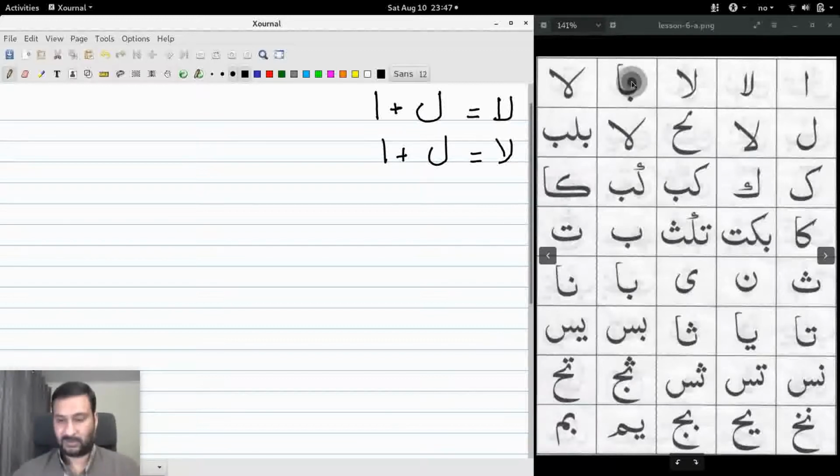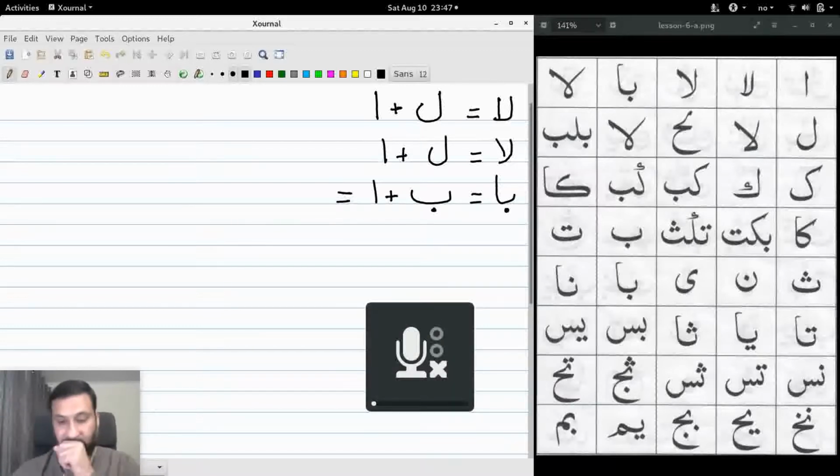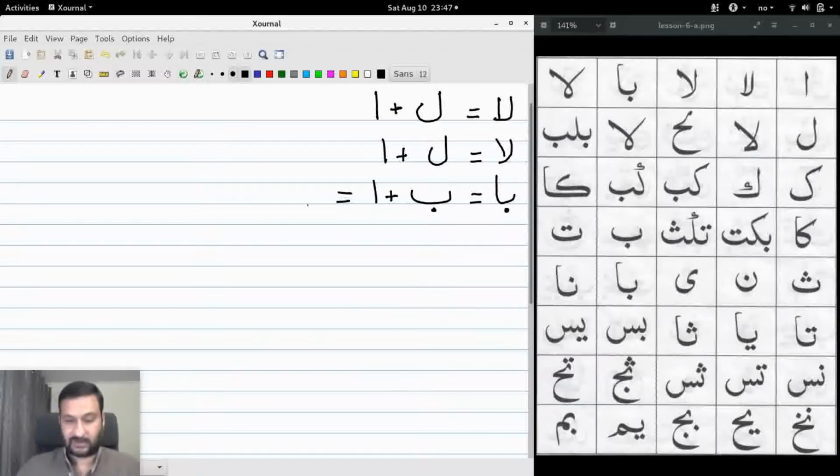The next word is Ba Alif. First I'll write how it's written and then I'll decompose it. It's made up of the full letters Ba and Alif. You take the first section of Ba, as I showed you in the previous video.